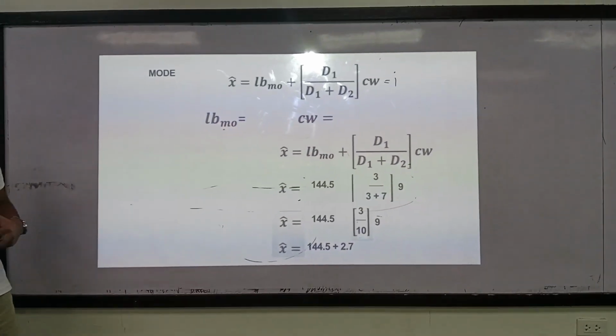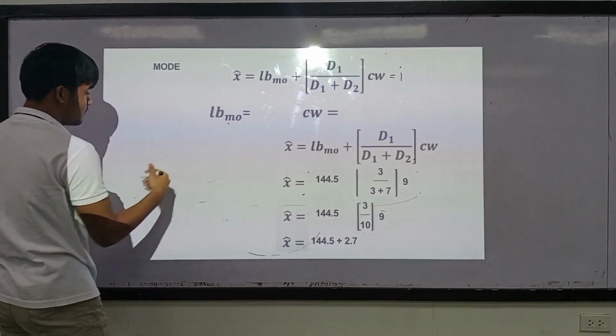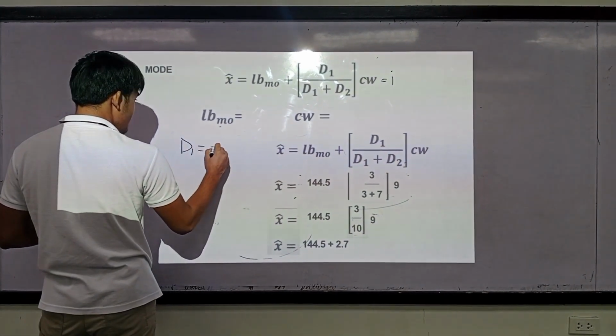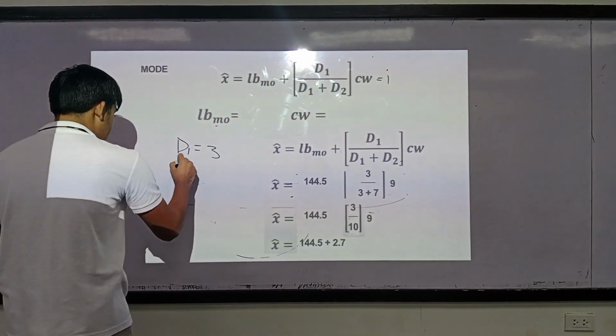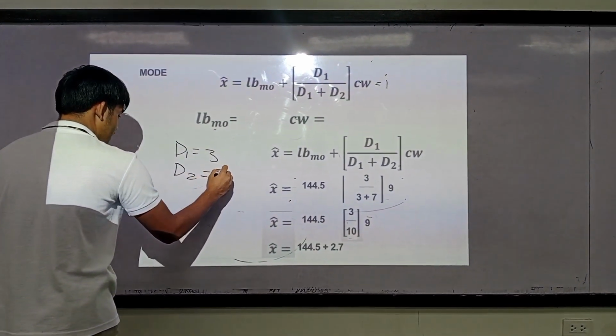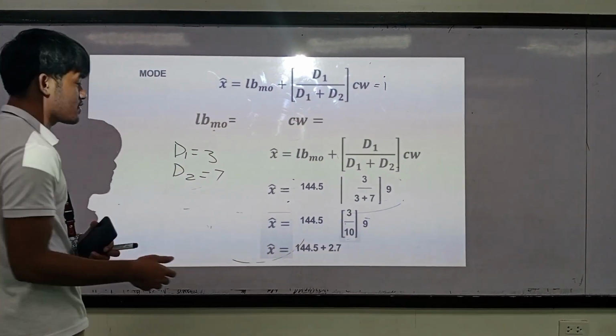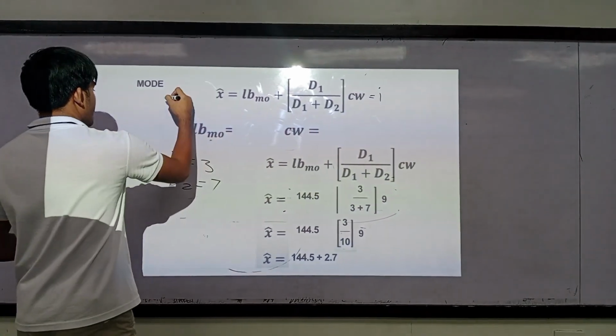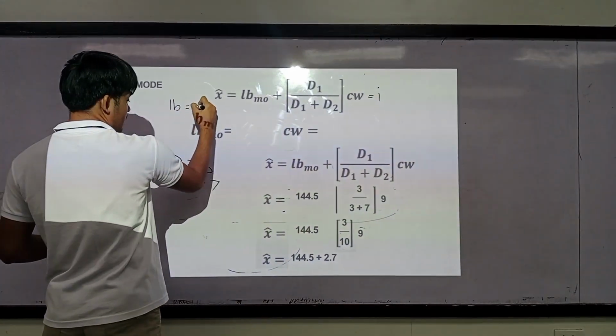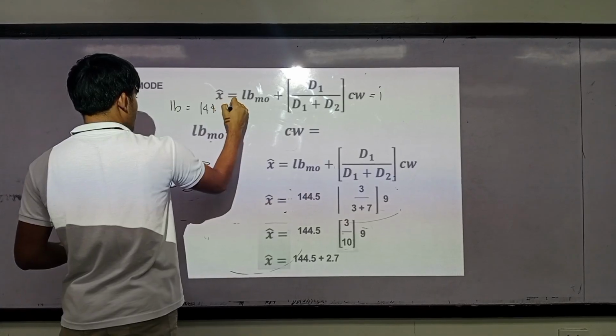So as what I have solved earlier, the value of D1 is 3, and the value of our D2 is equal to 7. So we will substitute it. So the lower boundary, the LB, is equal to 144.5.